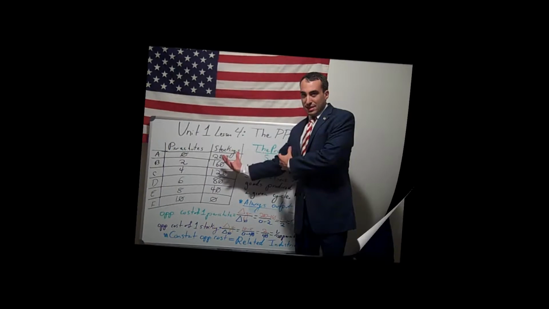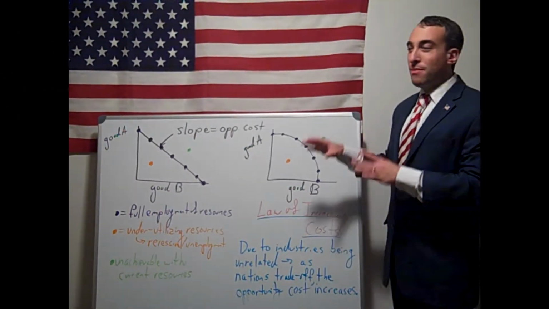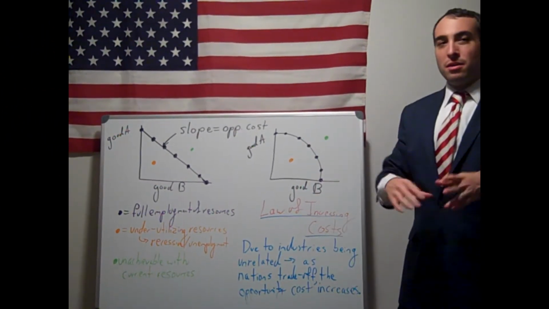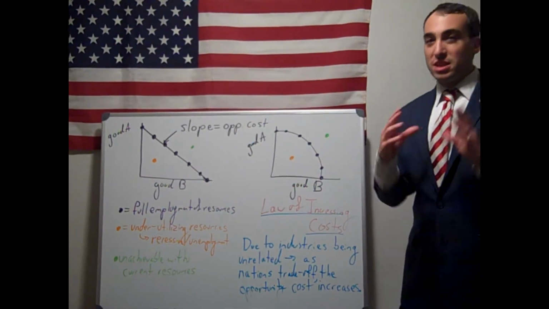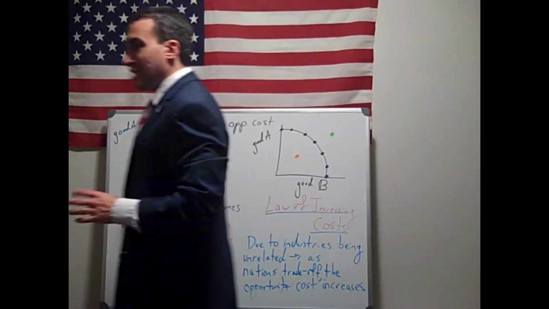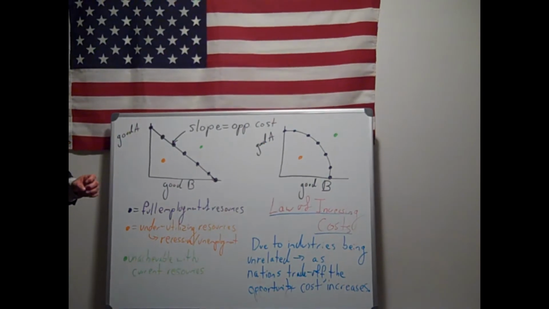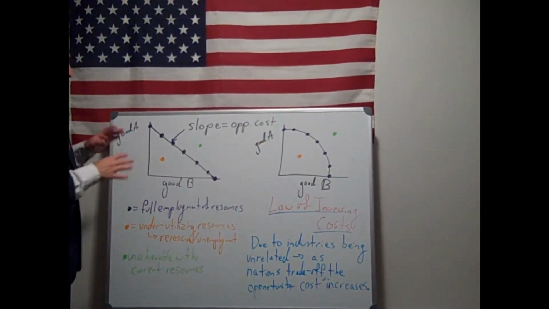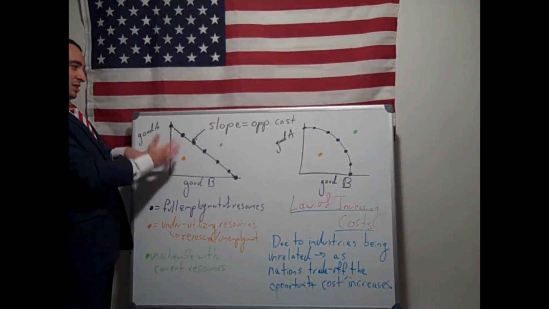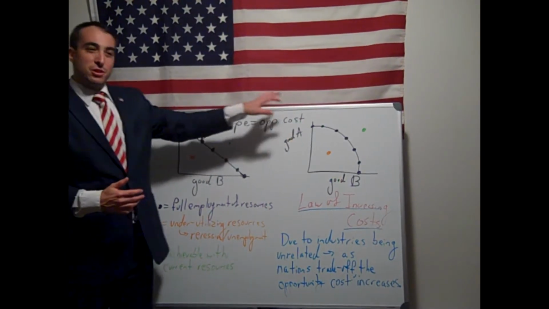visualizes this concept. So here we have our visualization of the nation's production schedule. The one we just did with the parachutes and the stockings would be the constant slope. The slope is the opportunity cost.